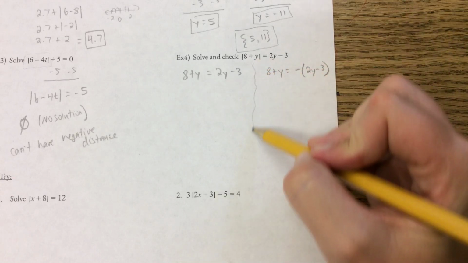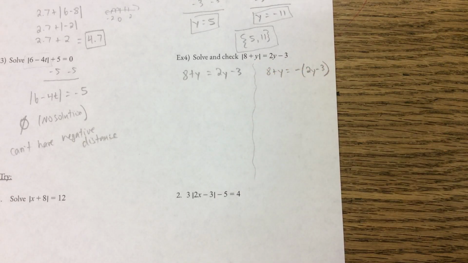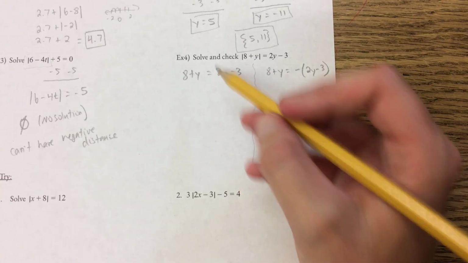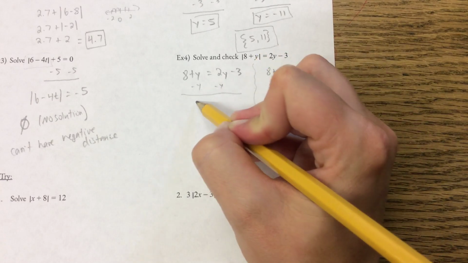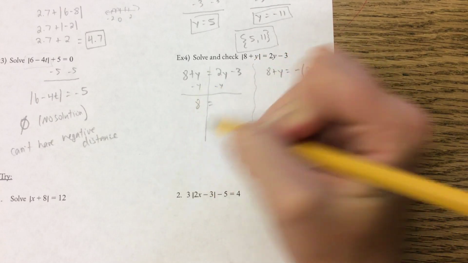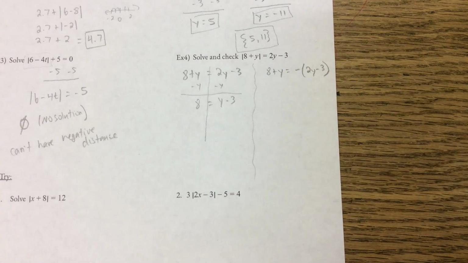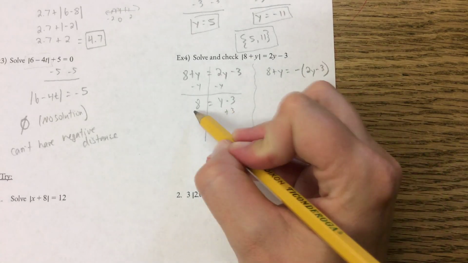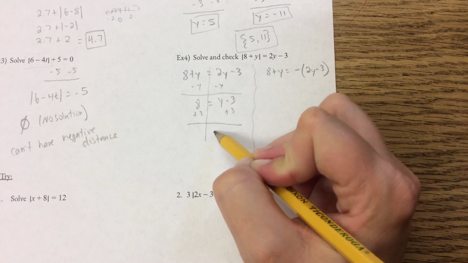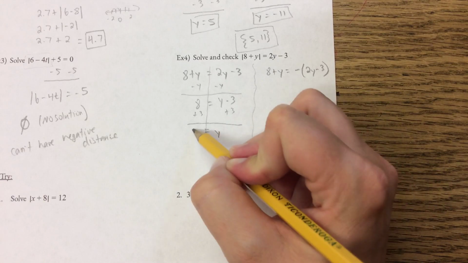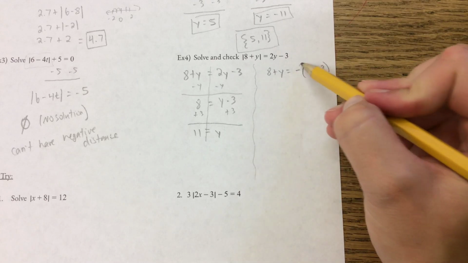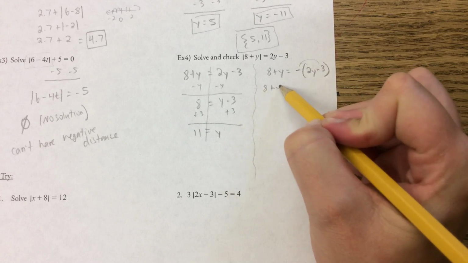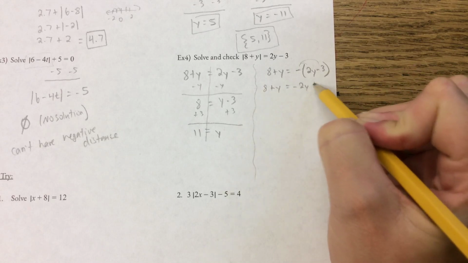So I'm going to draw a little line down the middle here. If we simplify this, I'm going to subtract y and then add 3. So I get 11 there. On this side, I have to first distribute that negative sign because that's like a negative 1.